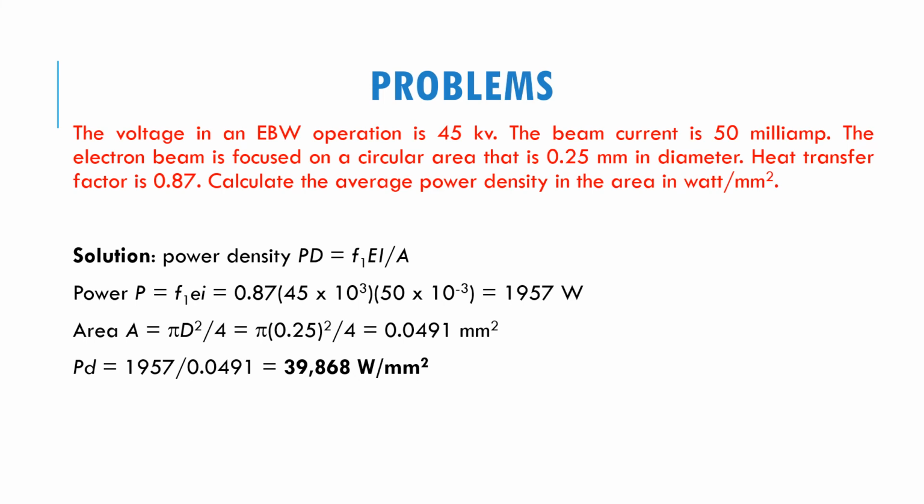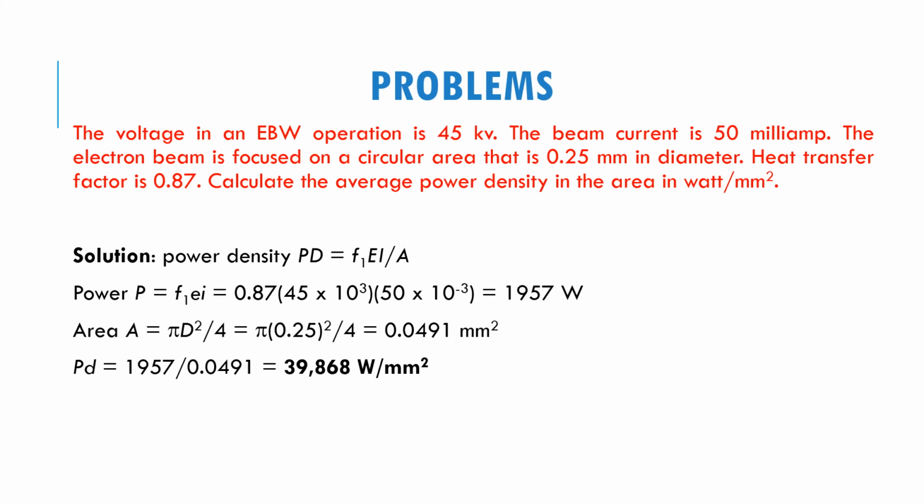For the solution, in order to calculate the power density, it is equal to F1 EI over A, because the power is generated by the current and also the voltage, right? So first you calculate the power, P equal to F1 EI. So it's 0.87 times 45 kV times 50 milliamp, and you'll get the power as 1957 watt.